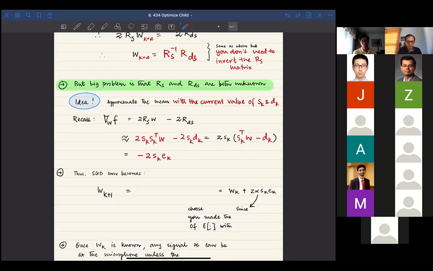But I don't have so much information. What I'll do is approximate that RS and RDS with the current values of SK and DK. Meaning RS, I'm going to write as SK SK transpose. Remember, what was RS? Ideally, RS is nothing but the expectation of SK SK transpose. This is perfect. But I don't have that expectation.